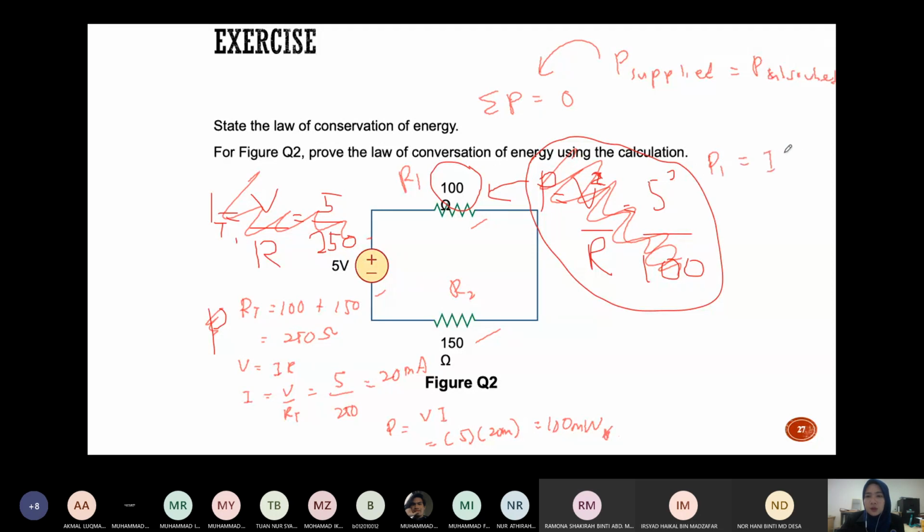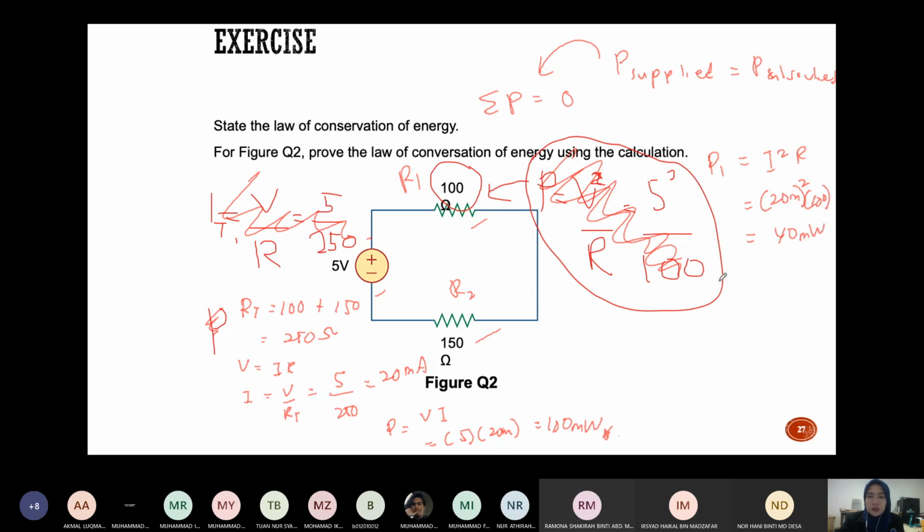P1 is I squared R. Since it's a series circuit, the current that flows in the circuit is fixed at 20 milliamp. So 20 milli squared multiplied by 100 gives 40 milliwatt.